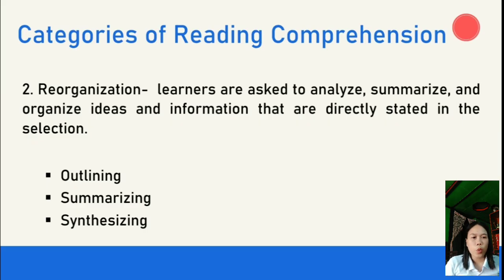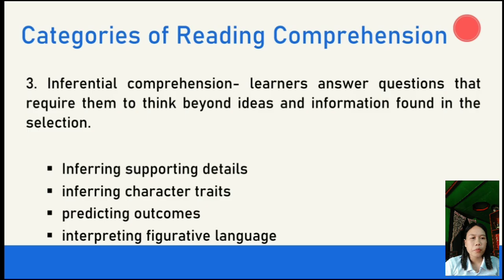And the third one is inferential comprehension. In here, learners answer questions that require them to think beyond ideas and information found in the selection. In inferring supporting details, the question could be, were the tortoise and the monkey old friends?